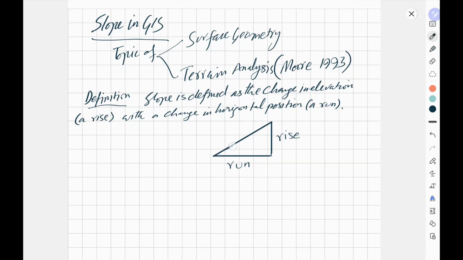So this thing is actually the slope. The angle here, let's say it is phi, is known as the angle of slope, while the slope, the inclination of this line, is represented by the tangent of phi.